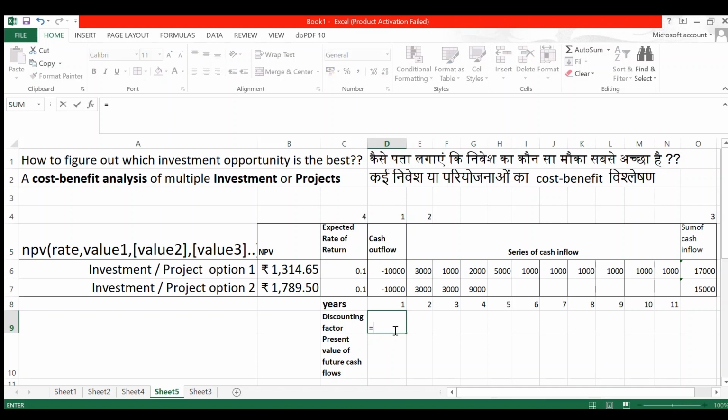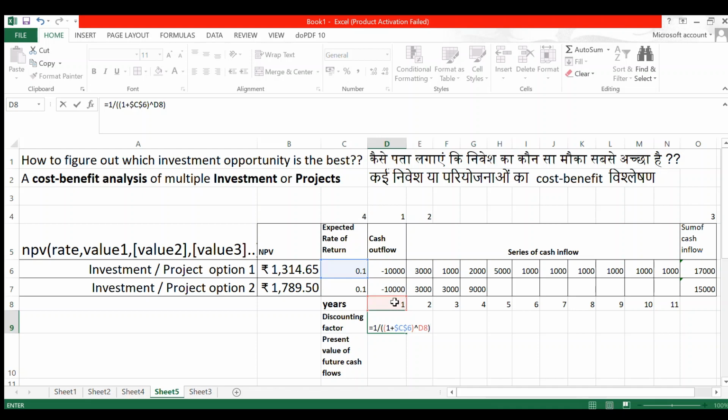Now we are going to calculate the discounting factor. It is 1 divided by 1 plus the expected rate of return, which is the discounting rate, the whole raised to the number of years. i is nothing but the number of the year.